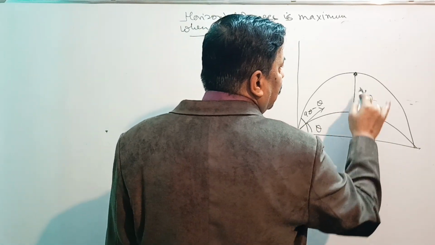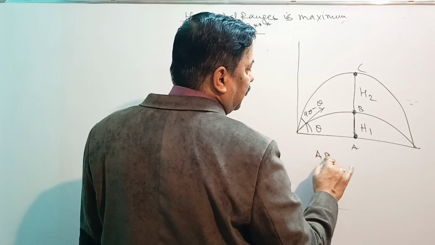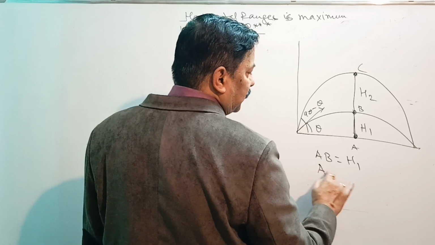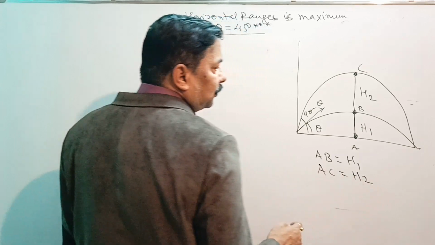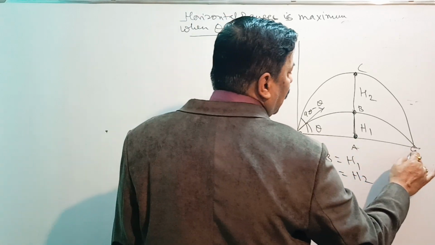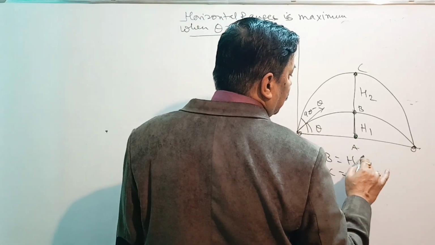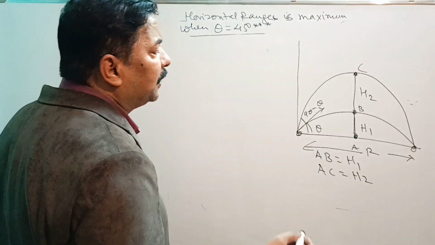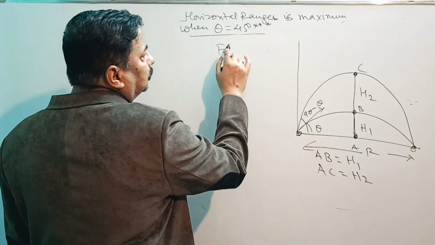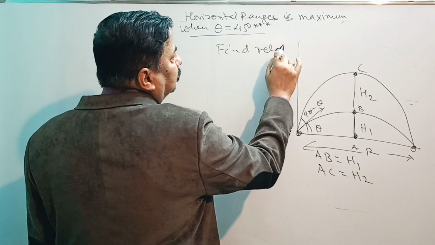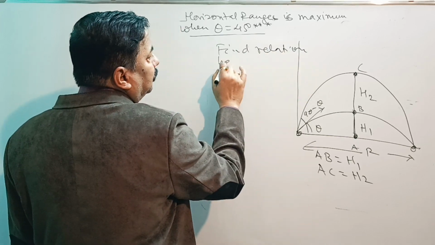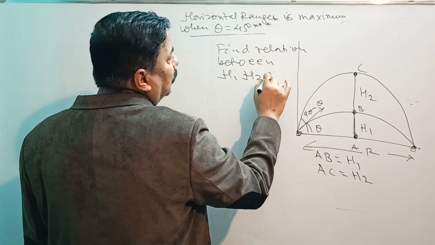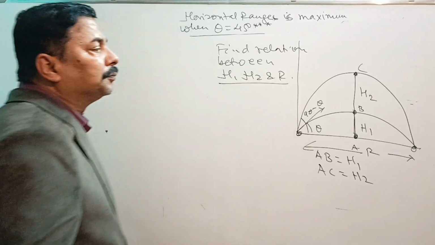A, B, C. AB is your h1, AC is your h2, and range is your R. This range is your R. Now you have to find the relation between h1, h2 and R.